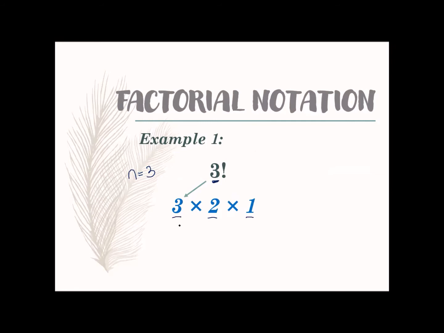So, product, multiplication. And we will always end up with 1. We should not end up with 0, because by definition only positive integers are involved. And logically speaking, any number multiplied by 0 is 0. So the answer for 3 factorial is simply 6. 3 times 2 is 6, times 1 is 6. I hope that's clear with everyone.